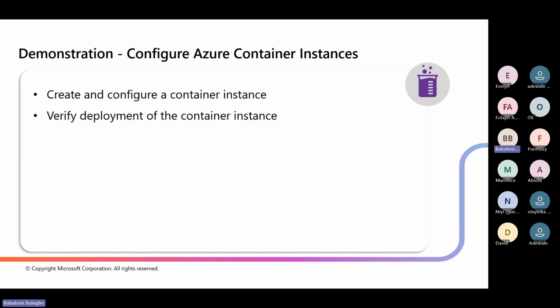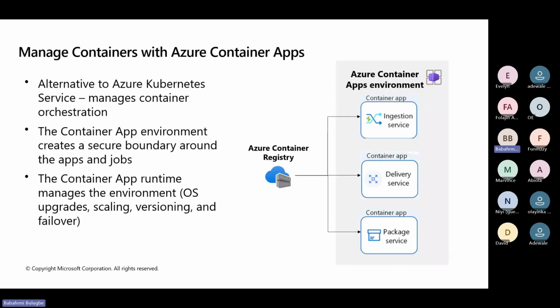So we verified the deployment of the container instance by running the FQDN, and we got that. Now let's talk about the container application, an alternative to Azure Kubernetes Service, which is the managed container orchestration.